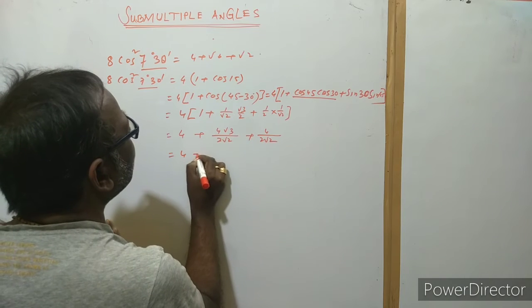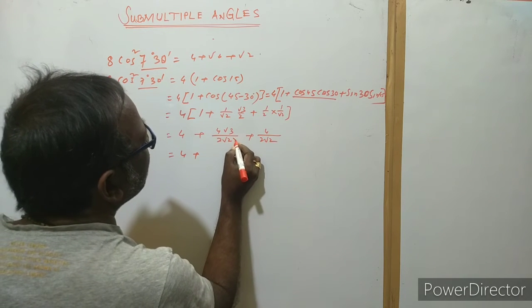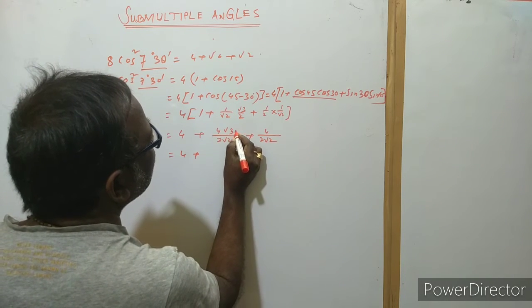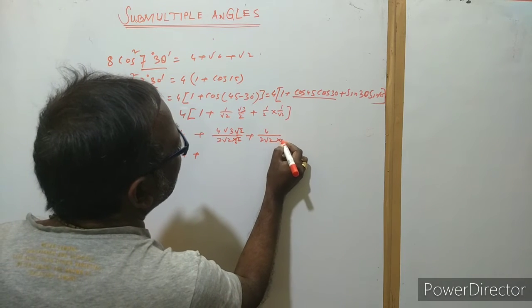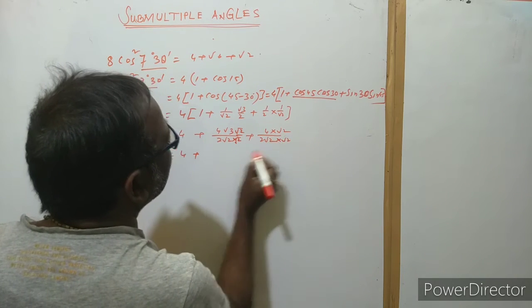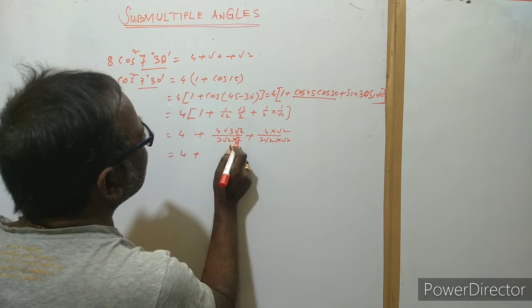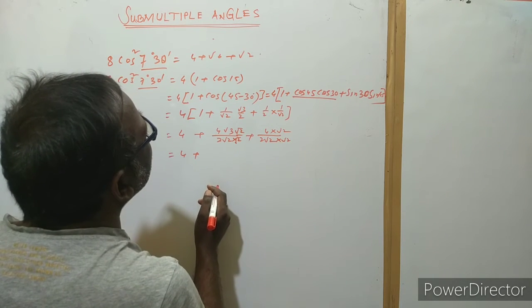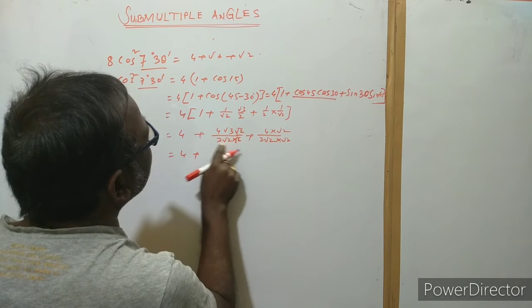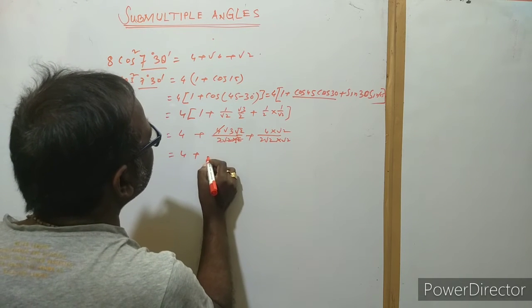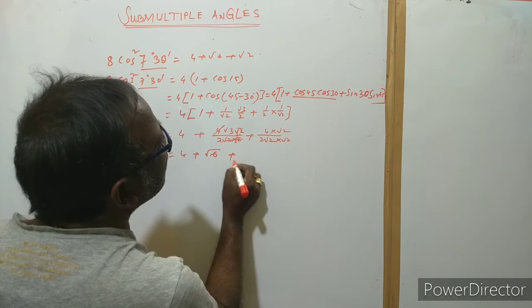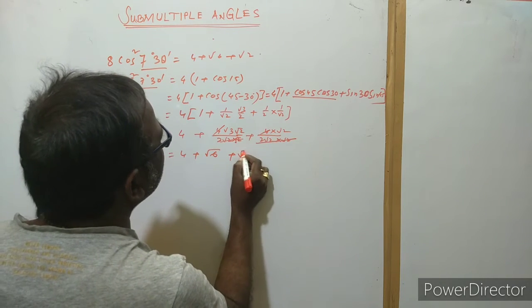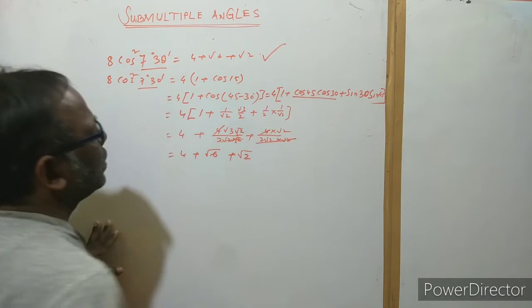Okay, and this is here 4, and if you multiply by root 2, okay, so this is here, these 4 are cancelled, so this is the root 6, 4 are cancelled, this is the root 2.